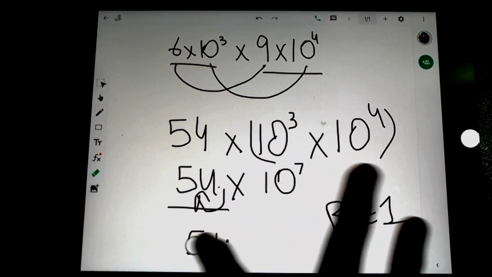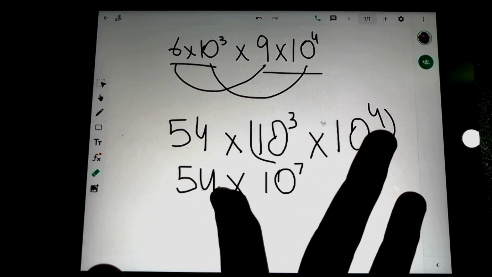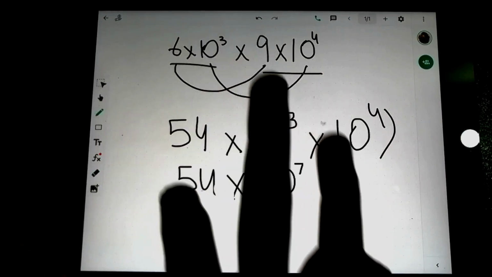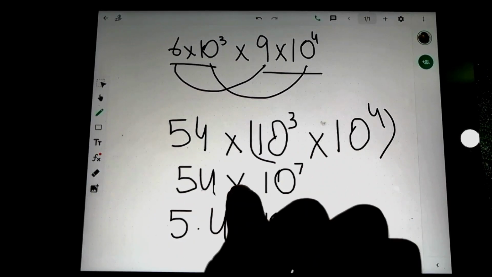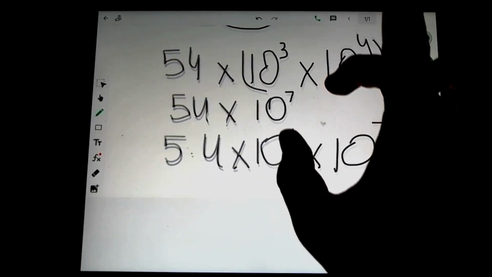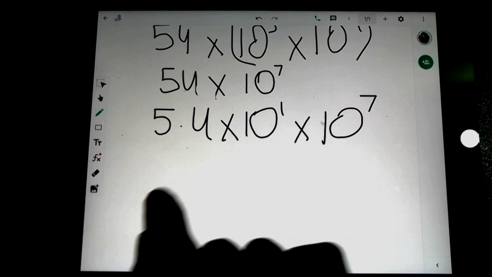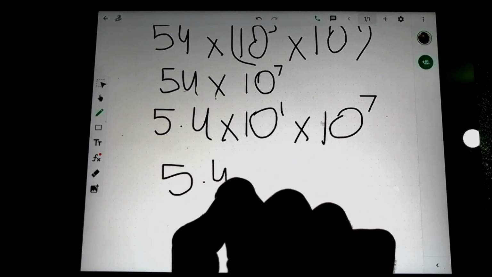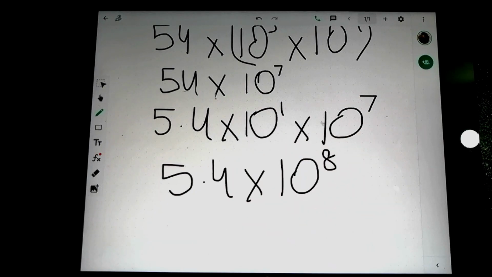So we are left with 5.4 multiplied by 10 to the power 1, and then 10 to the power 7. If we again add the powers, 1 plus 7, we're left with 5.4 multiplied by 10 raised to the power 8, which is the same answer we got when we did it the other way.